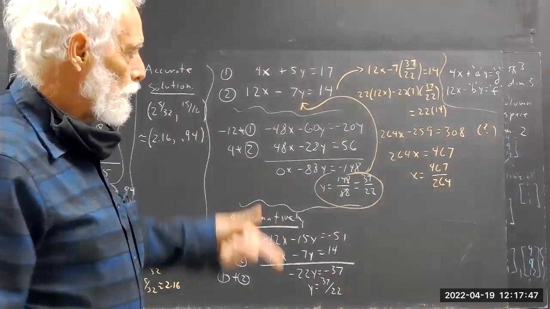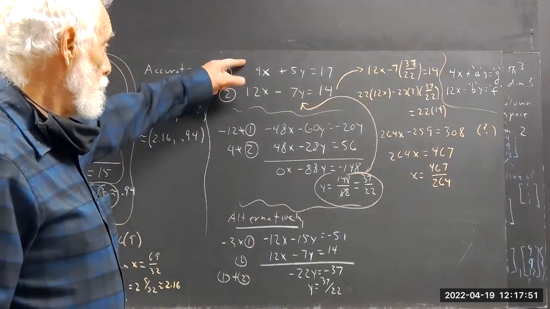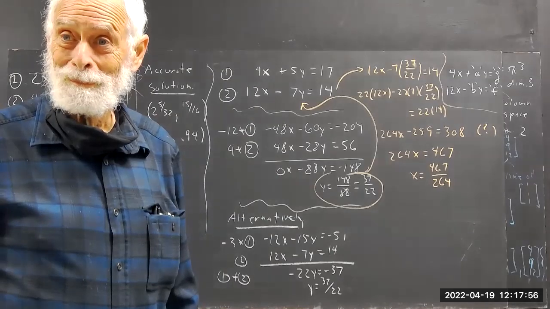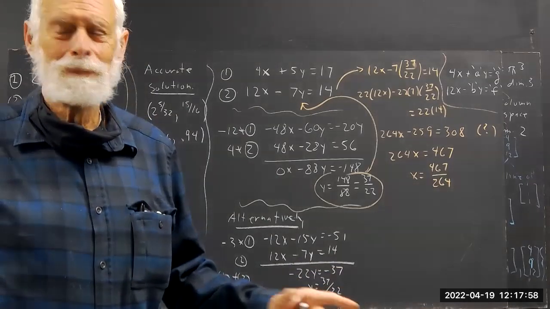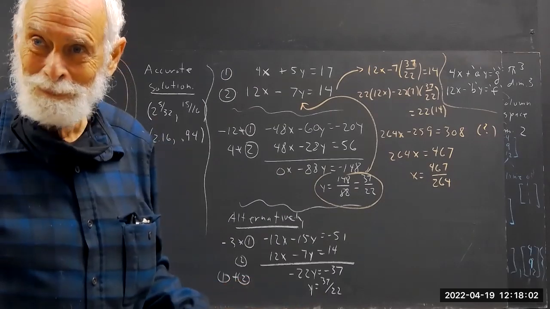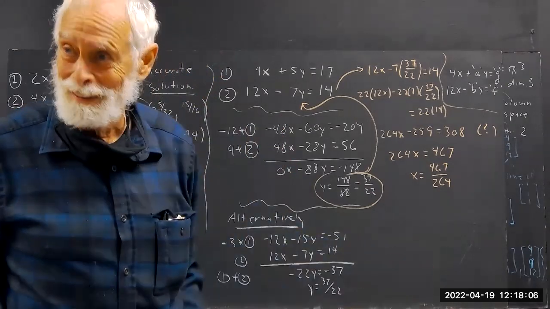Now that's a lot of work to get a result that I'm sure was obvious to you as soon as you looked at these equations. You could see that was going to be the solution, right? Well, just in case that's a problem for you, don't worry, you can always go through this process and get it.